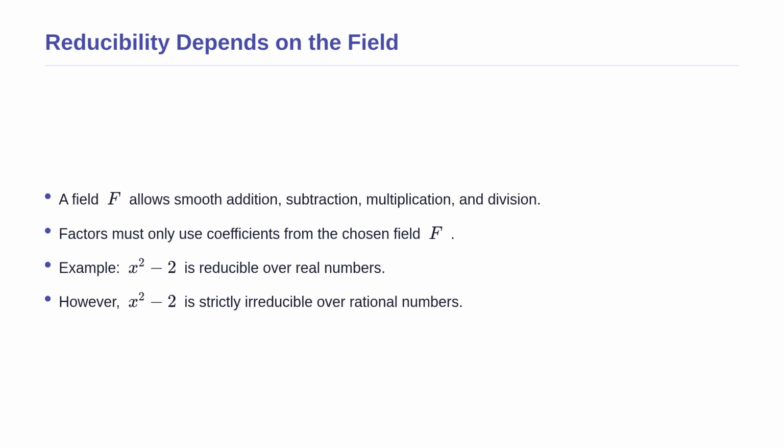For example, the polynomial x squared minus 2 can be factored if we use real numbers, because the square root of 2 is a valid real number. But if we are restricted to rational numbers or fractions, we are stuck. It becomes irreducible. The field dictates the rules of the game.